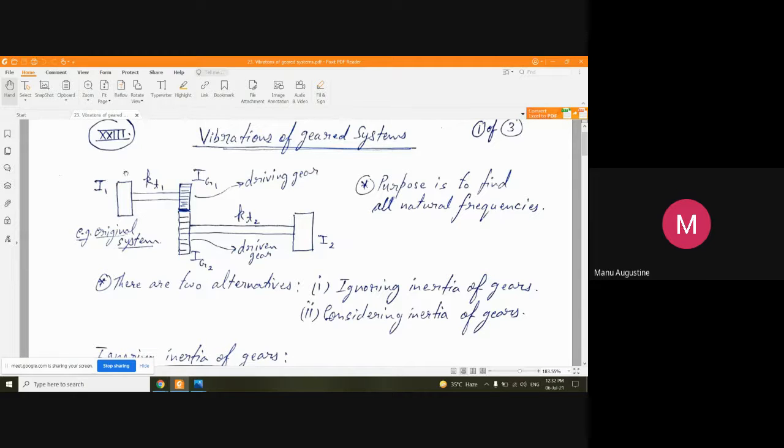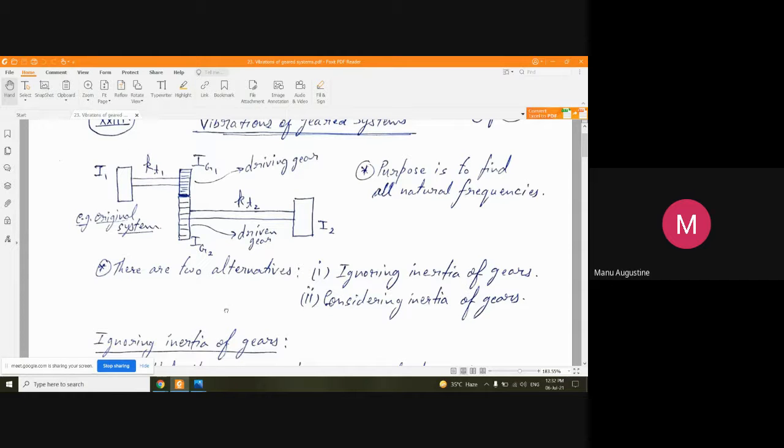For example, I1 could be an electric motor and I2 could be a pump. So there are a lot of day-to-day things or engineering artifacts that can actually be represented by this simple line diagram showing two connected gears.